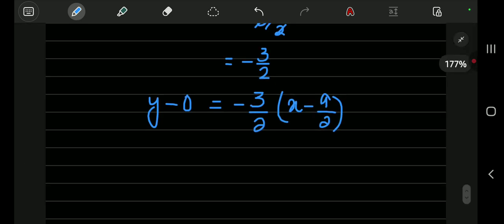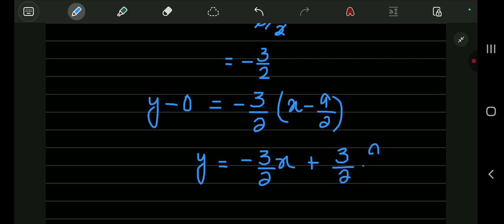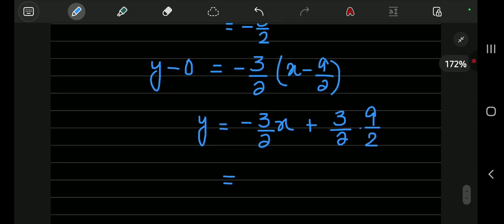So this gives y equals minus 3 over 2x plus 3 over 2 times 9 over 2, which is minus 3 over 2x plus 27 over 4. This is your equation of line L.